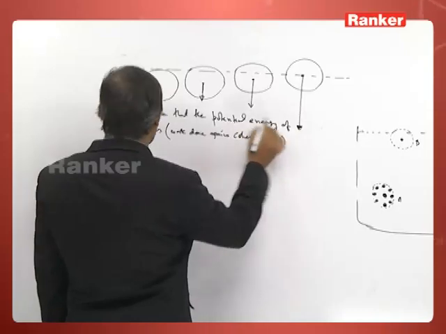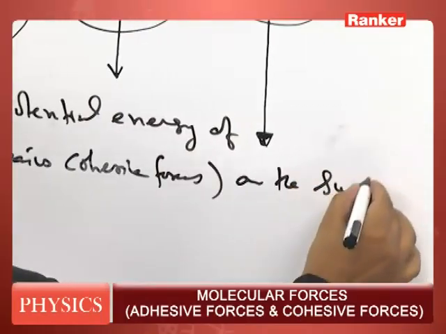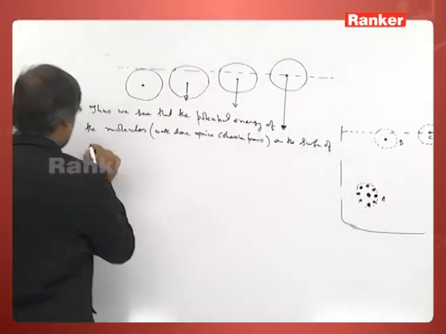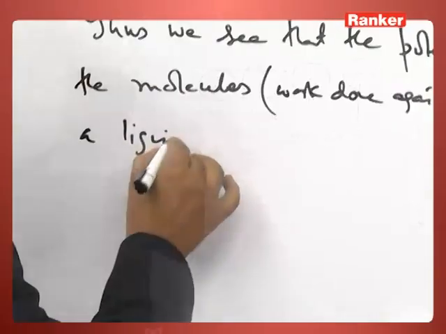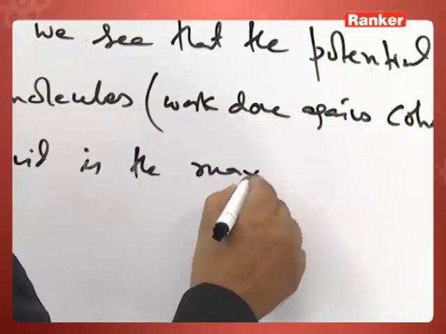Thus, we see that the potential energy of the molecules on the surface of a liquid is the maximum.